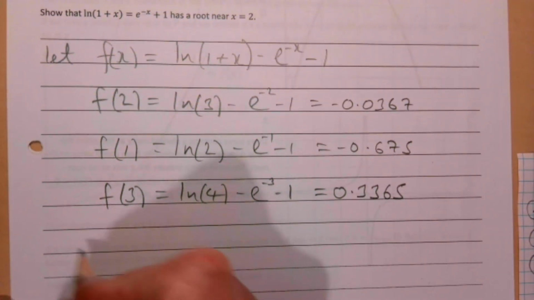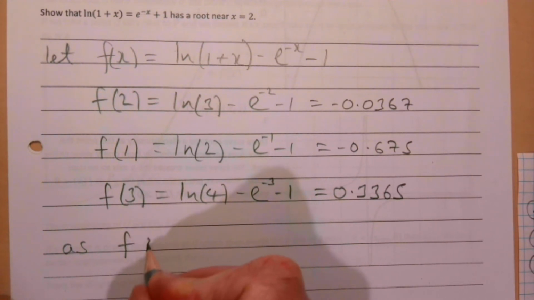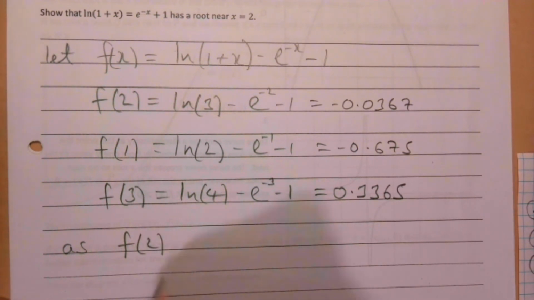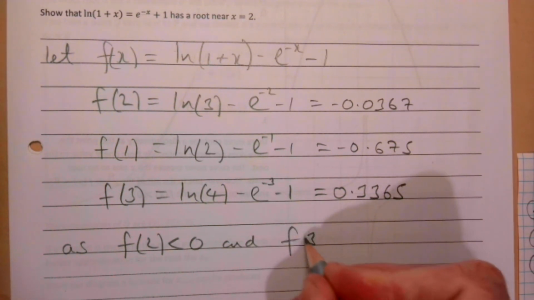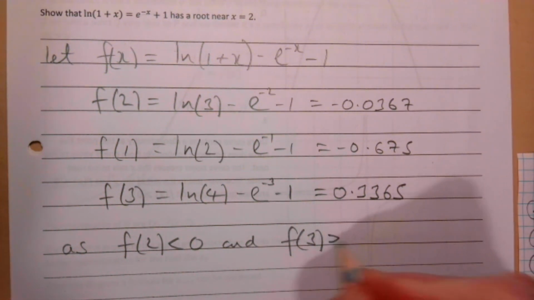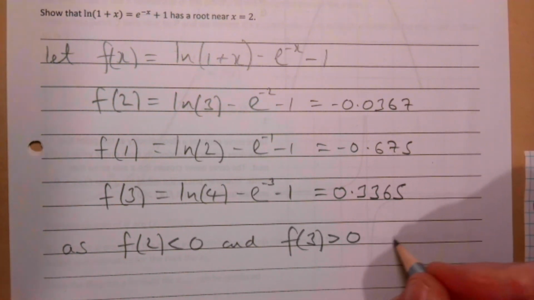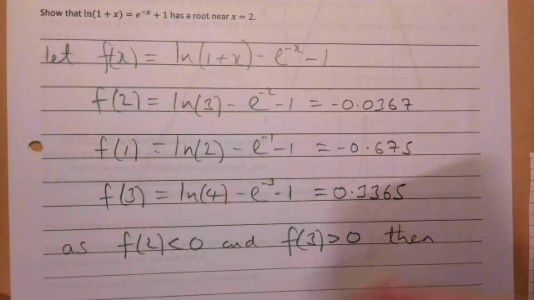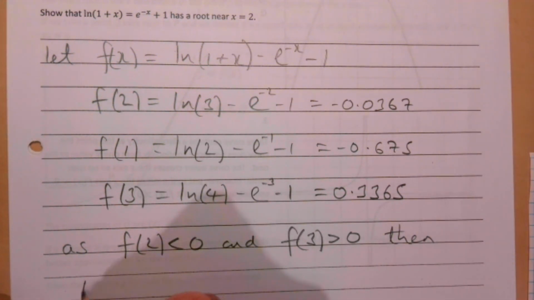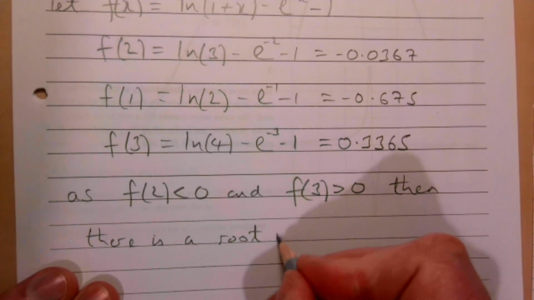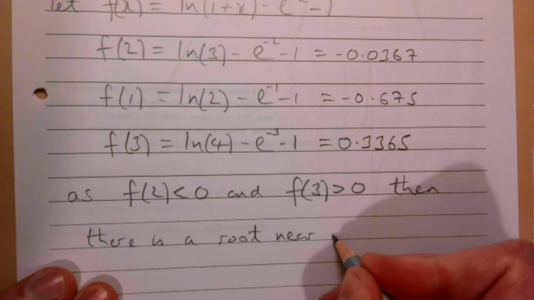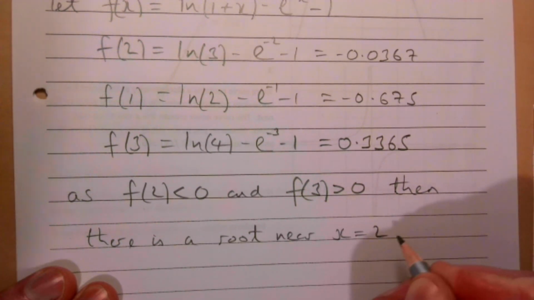So if you want to write them as f of 2 is less than 0 and f of 3 is greater than 0, then there is a root near x equals 2.